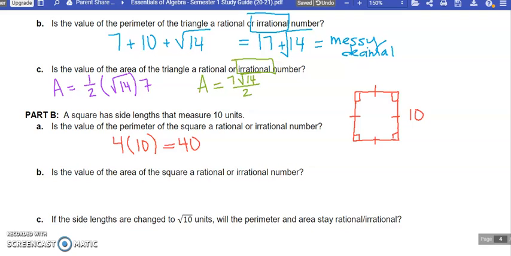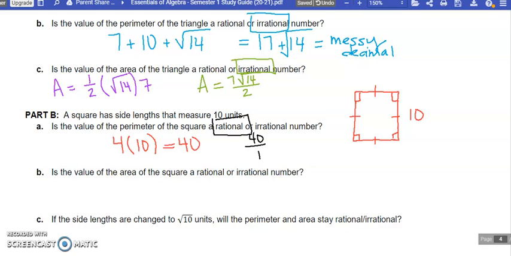If we want to see if 40 is rational or irrational, well, can 40 be written as a fraction? And yeah, you can write 40 as a fraction pretty easily, 40 over 1. So that is rational. Okay, is the value of the area of the square a rational or irrational number?